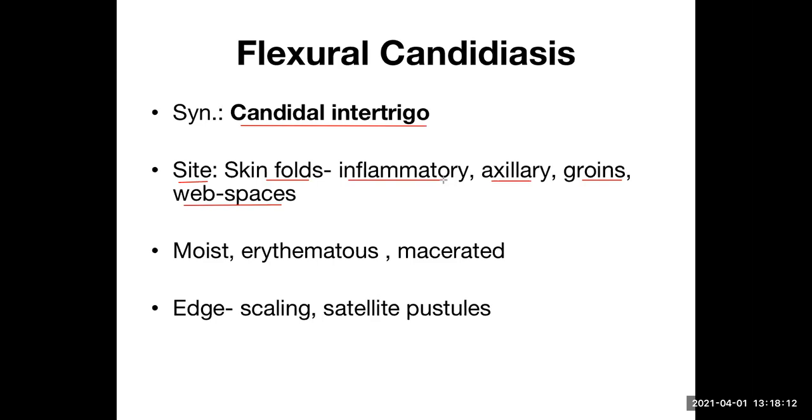Now there is formation of a skin fold there, and in that skin fold also fungal infection can occur. These web spaces are very common areas for Candida infection, like in the foot, in between the toes.